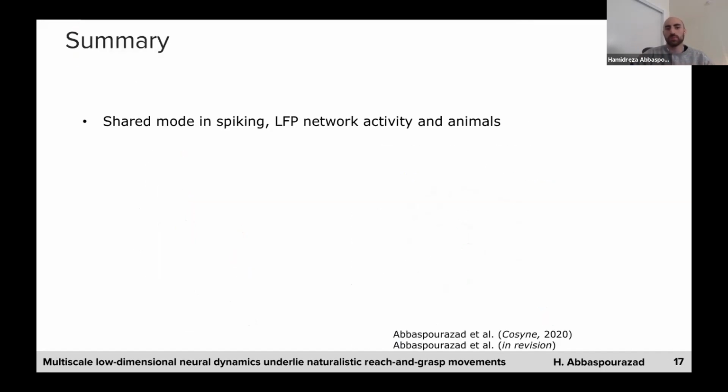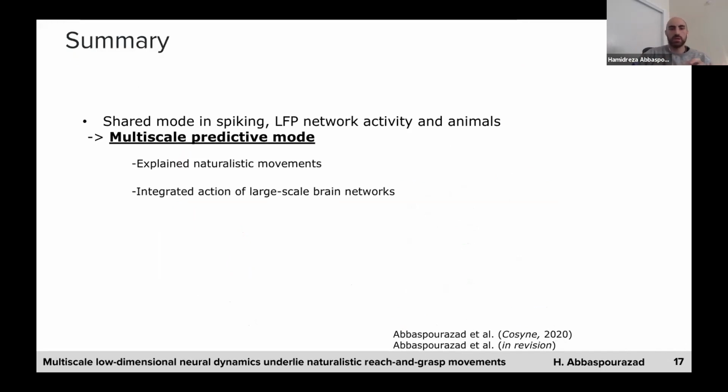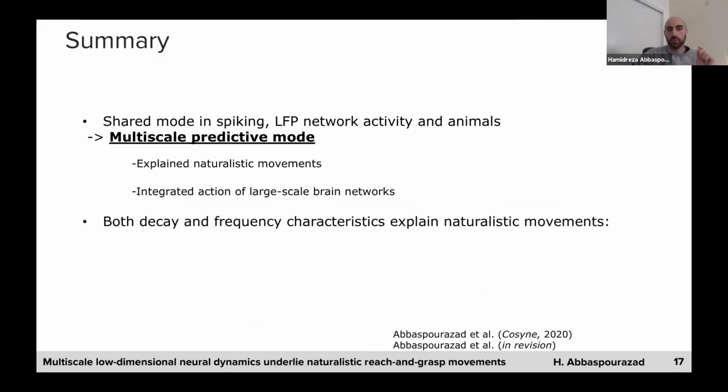In summary, we observed a shared mode in spiking and LFP network activity and animals. This mode was multiscale and it was predictive of behavior, therefore a multiscale predictive mode. This mode explained naturalistic behavior, and we propose that this is due to the integrated action of large-scale brain networks.